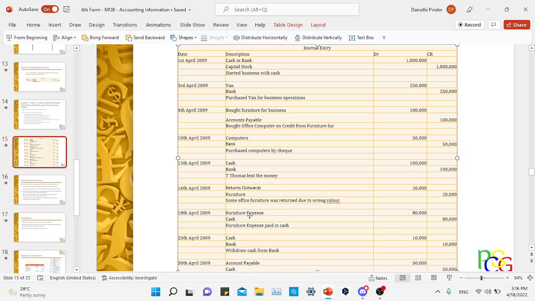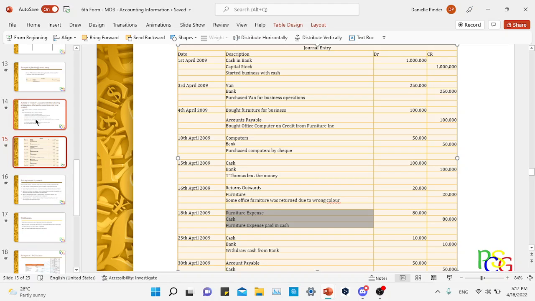But right here we are dealing with a cash account, so we're going to credit the cash account because we have paid it in cash. We are decreasing our asset, which is the cash account. So you understood all of that? Yep. Good. Excellent.